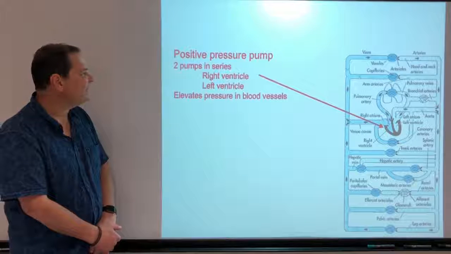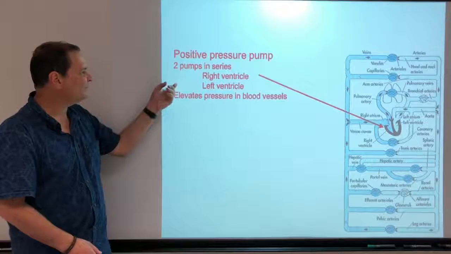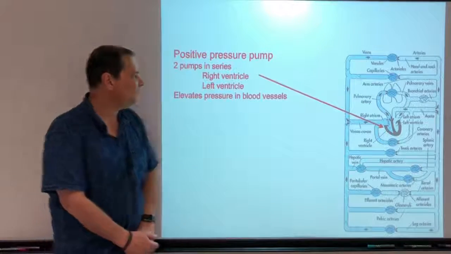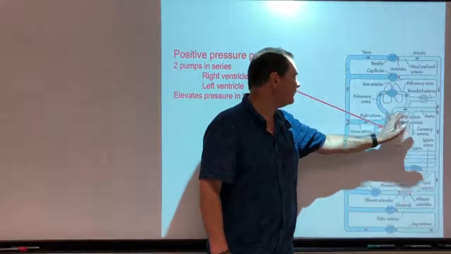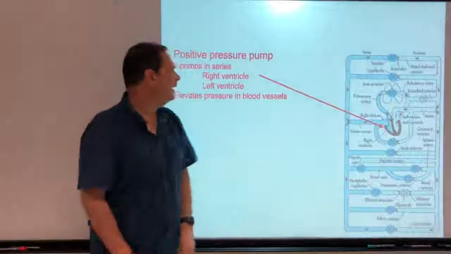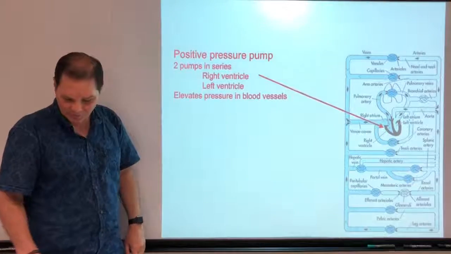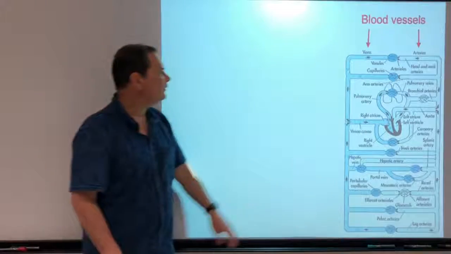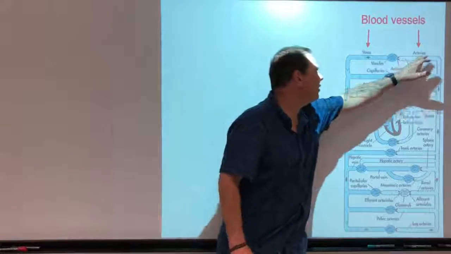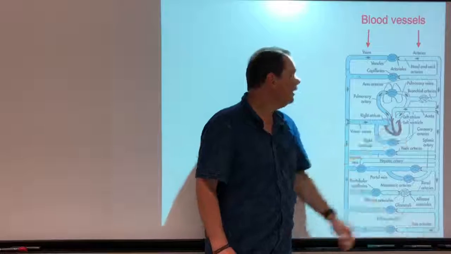Okay, the system itself: you guys know now a lot about the heart. It's two pumps in series, meaning the entire output from the right is received by the left. And it elevates the pressure in the blood vessels. So here are our blood vessels. We have arteries in this diagram on the left, and veins on the right.